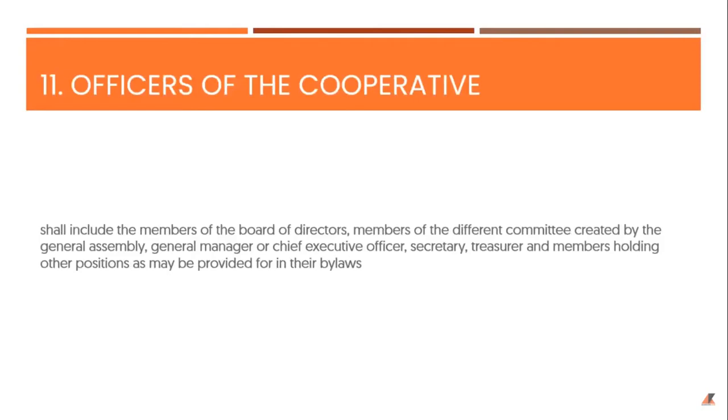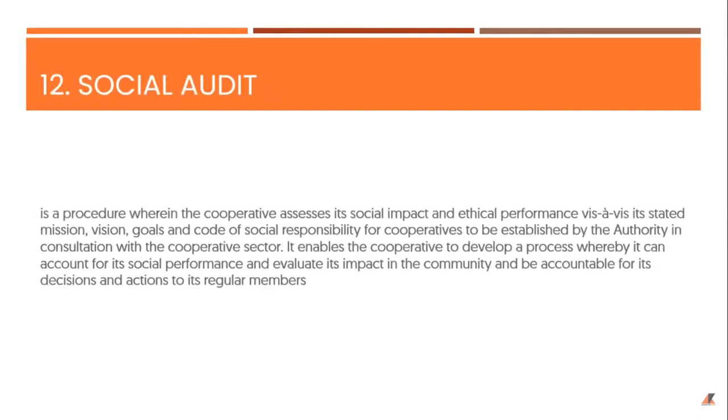11. Officers of the cooperative shall include the members of the Board of Directors, members of the different committee, which is nabanggit natin kanina, created by the General Assembly, General Manager or Chief Executive Officer, Secretary, Treasurer, and members holding other positions as may be provided for in their bylaws. Next, we have social audit.